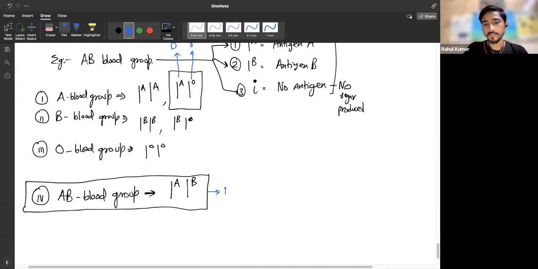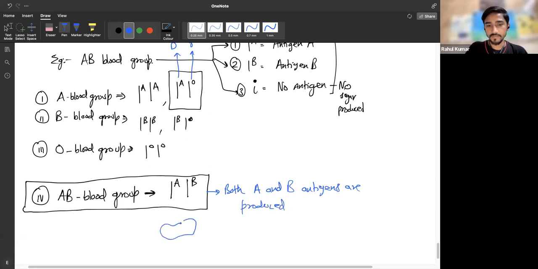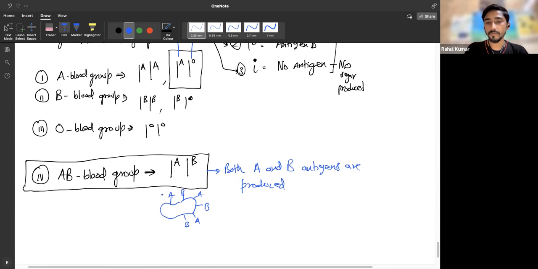So both A and B antigens are produced on the surface. On the surface of the RBC, you will see there will be A as well as B, and both will be present equally everywhere. This is called the AB blood group, and it has codominance.